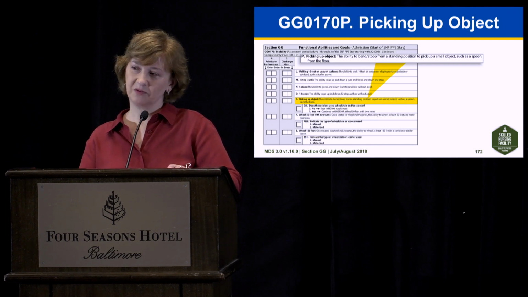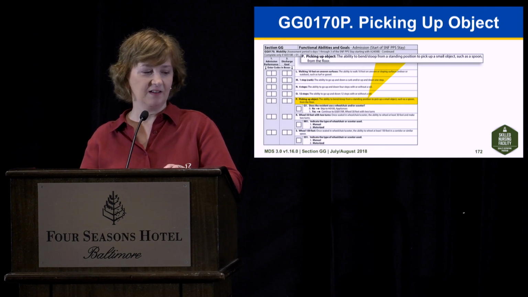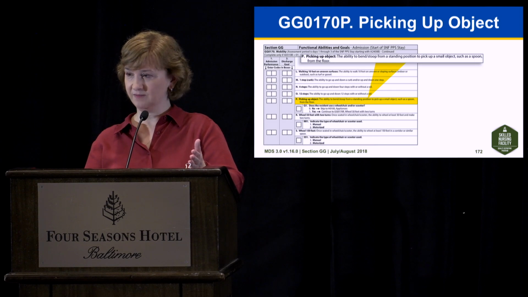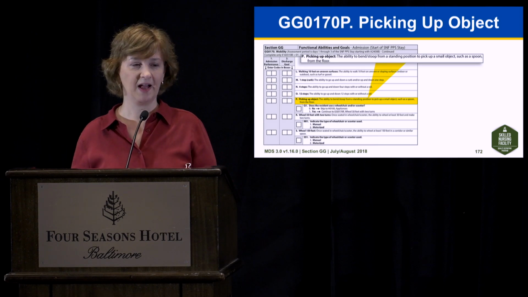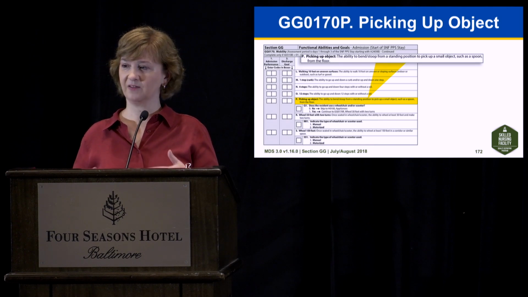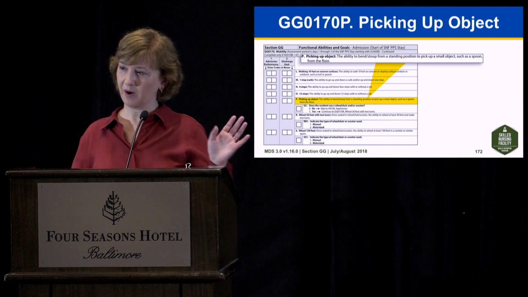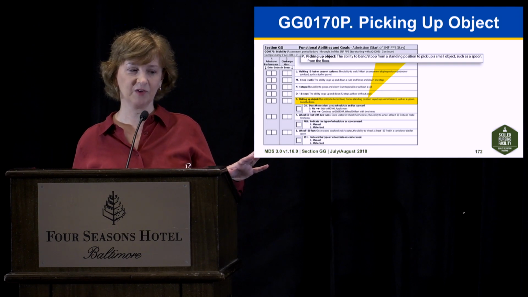So I think the most important thing about this particular activity is that it is the ability to bend and stoop from a standing position. So in the event that you have a resident who has very poor balance and is unable to stand up for long periods, you're probably not going to be coding this activity, there would probably be a safety concern.